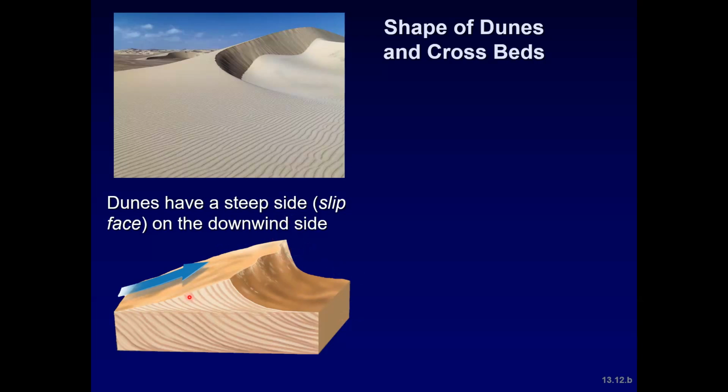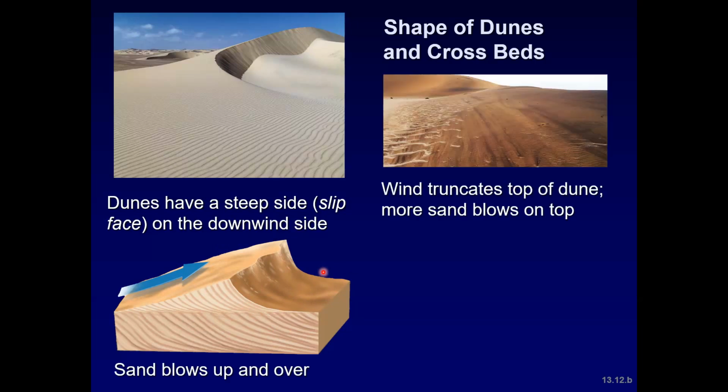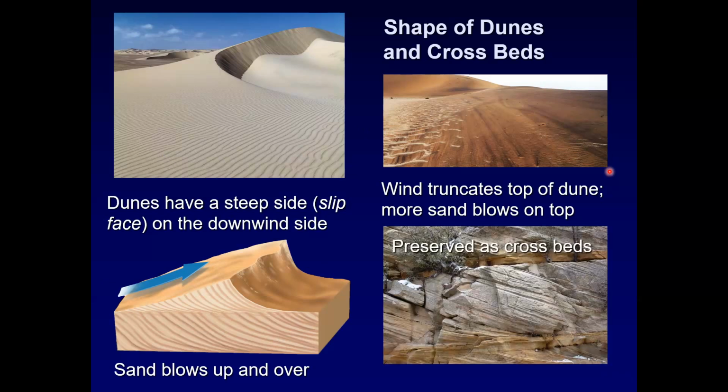And you can see everything in that direction. And wind truncates the top of the dune, continuously supplying more and more sand that will eventually be deposited onto the lee side. And those are preserved as cross beds. So by looking at this diagram, I can still tell that the wind direction was coming from the left.